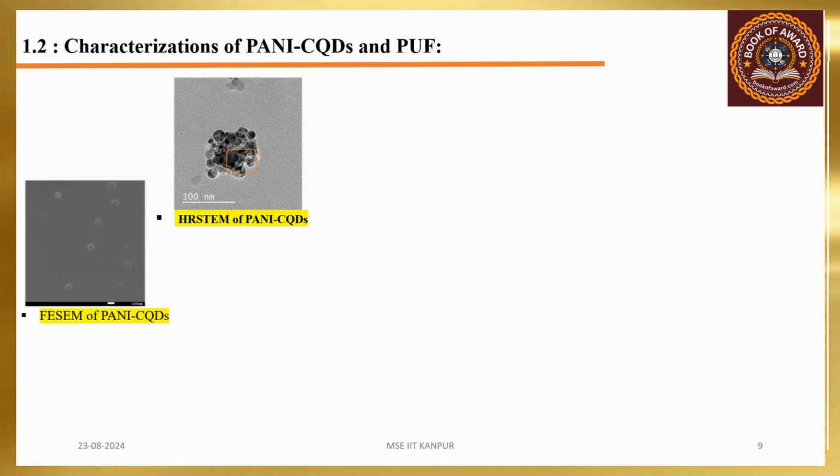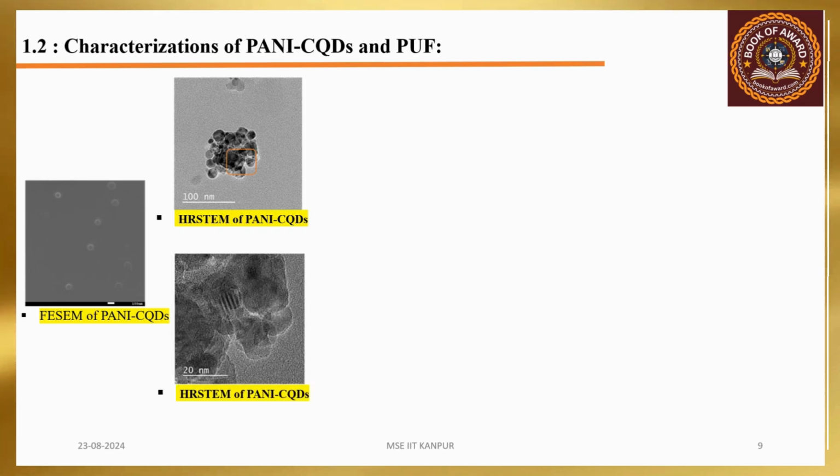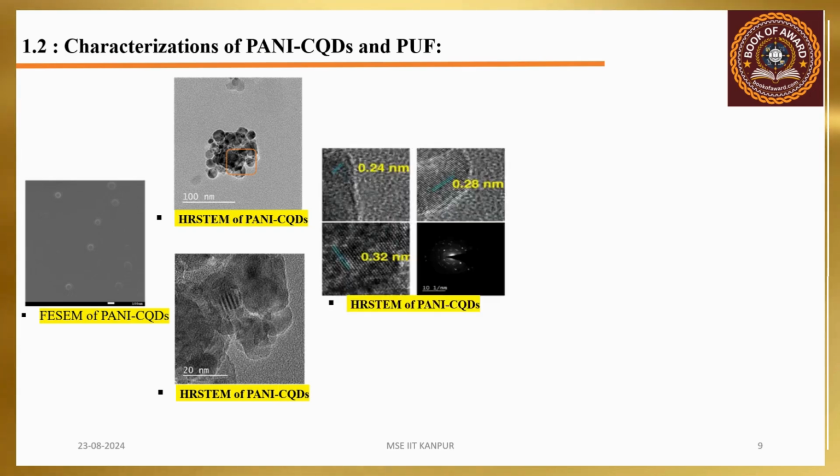After observing the HRSTM image, we got the size of Pani carbon quantum dot around 10 nanometers, and it also shows the graphitic behavior of Pani carbon quantum dots. Graphitic behavior was also identified by the selected area electron diffraction pattern.